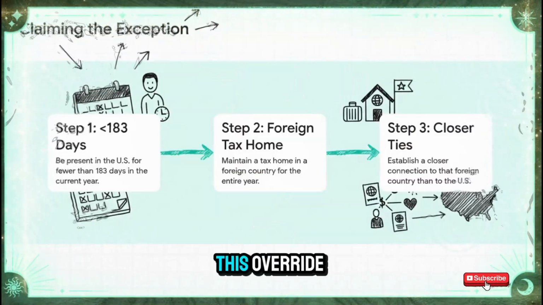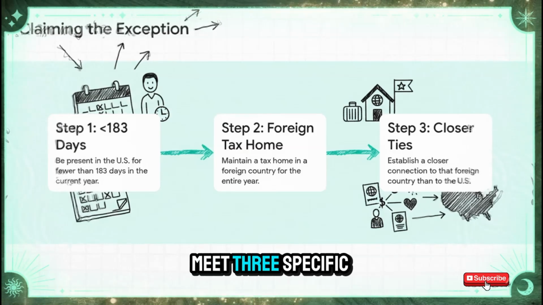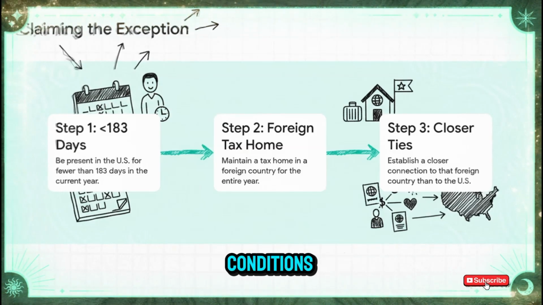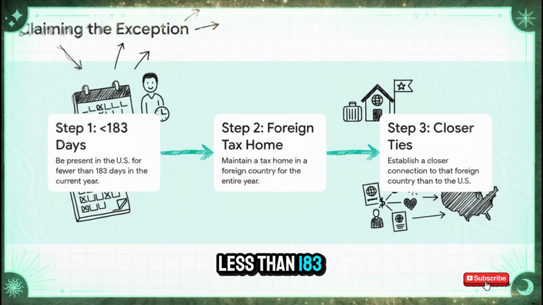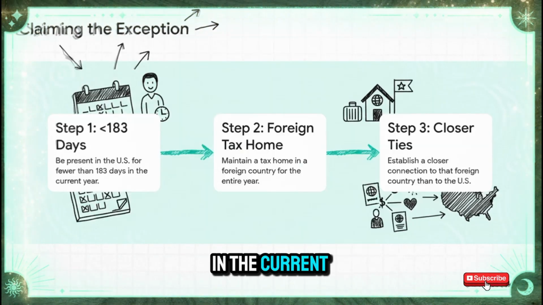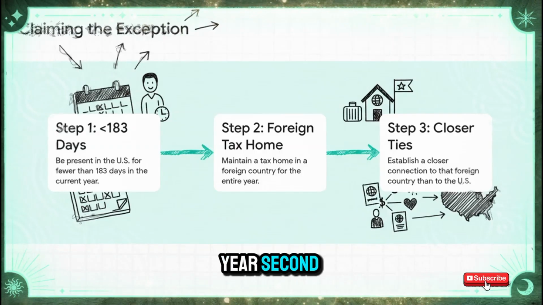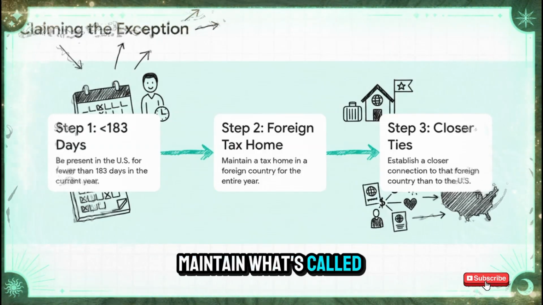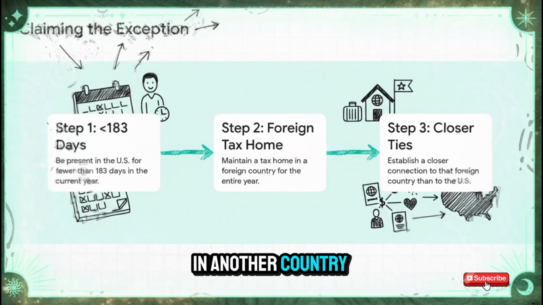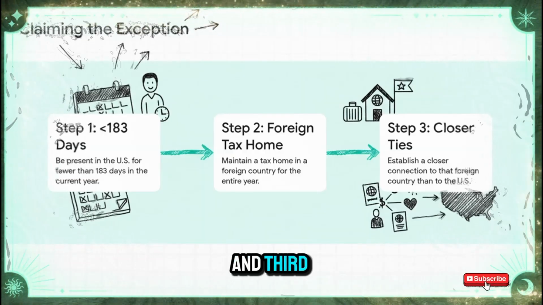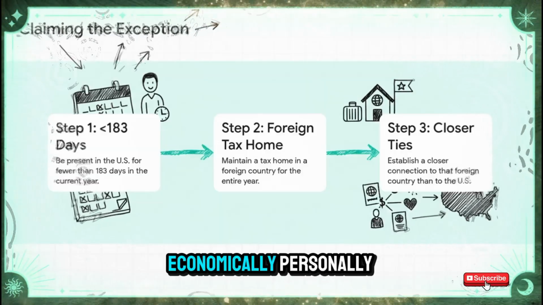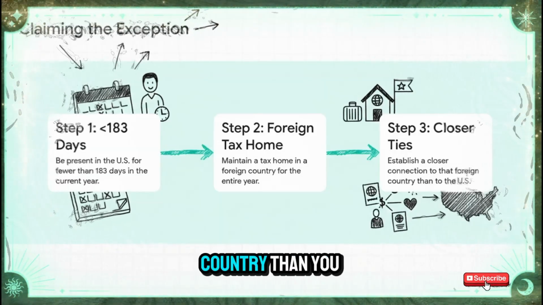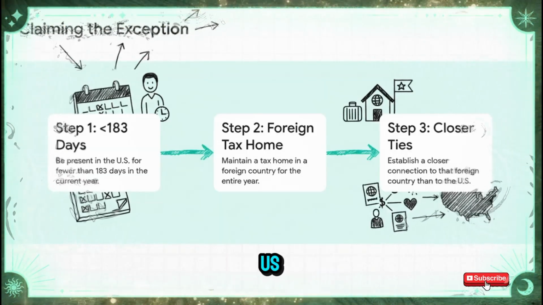Now, to use this override, you have to meet 3 specific conditions. First, you have to be in the US for less than 183 days in the current year. Second, you have to maintain what's called a tax home in another country for the whole year. And third, you have to prove you have a closer connection, economically, personally, to that foreign country than you do to the US.